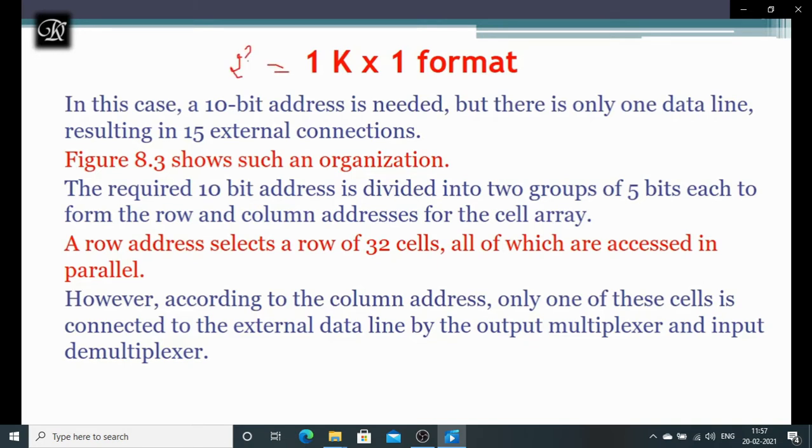Of course, 2 to the power of 10 will give me 1K addresses. So we need 10 address lines, and we are going to construct the 1K cross 1 byte memory.